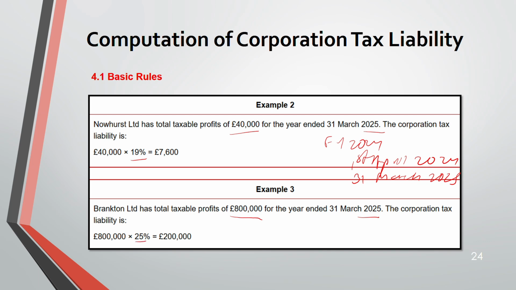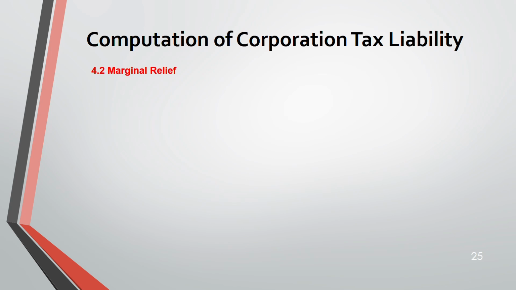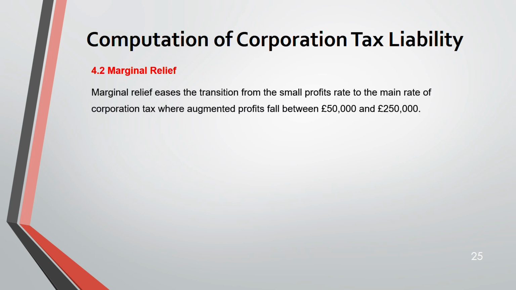Now, marginal relief. What is this marginal relief? Marginal relief eases the transition from the small profit rate to the main rate. Remember, you will not get marginal relief in all cases.